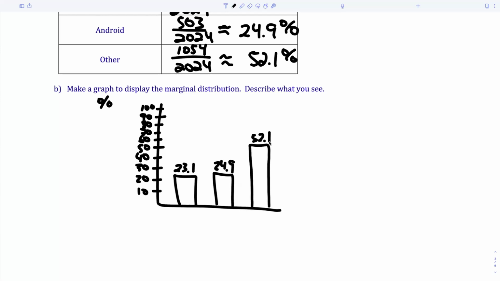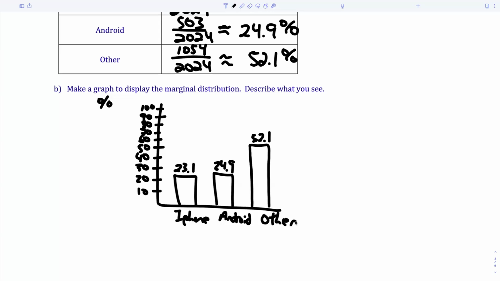What's wrong with this? Label it, right? So this was iPhone, Android, and other. And then also follow the directions, right?